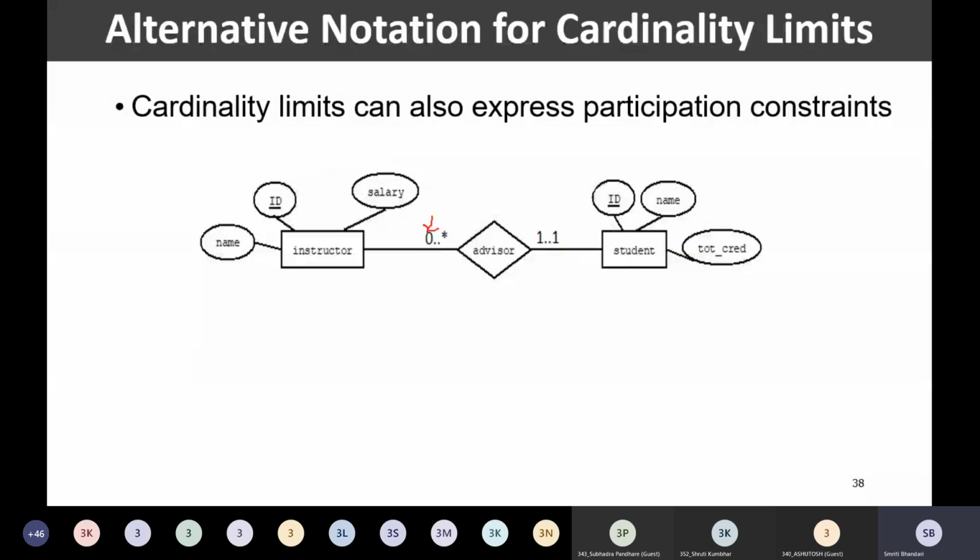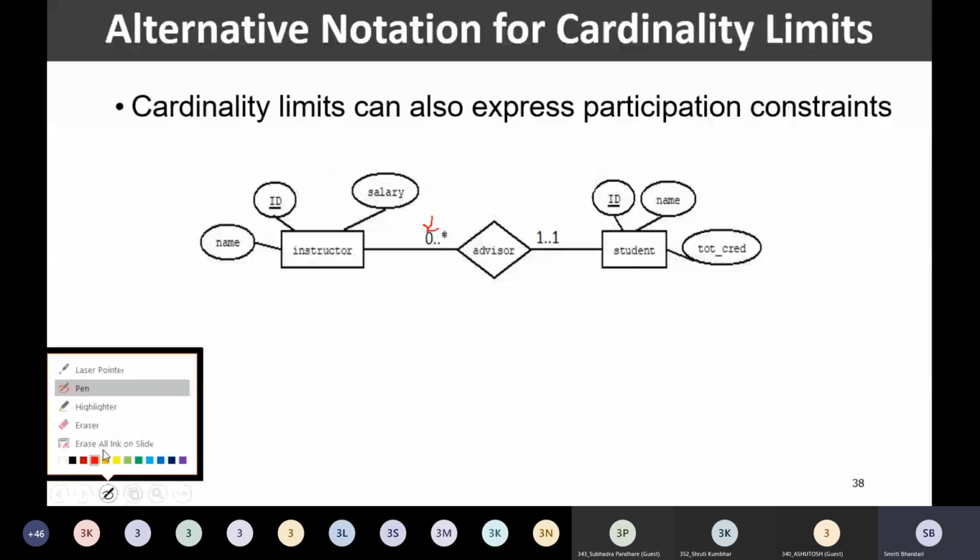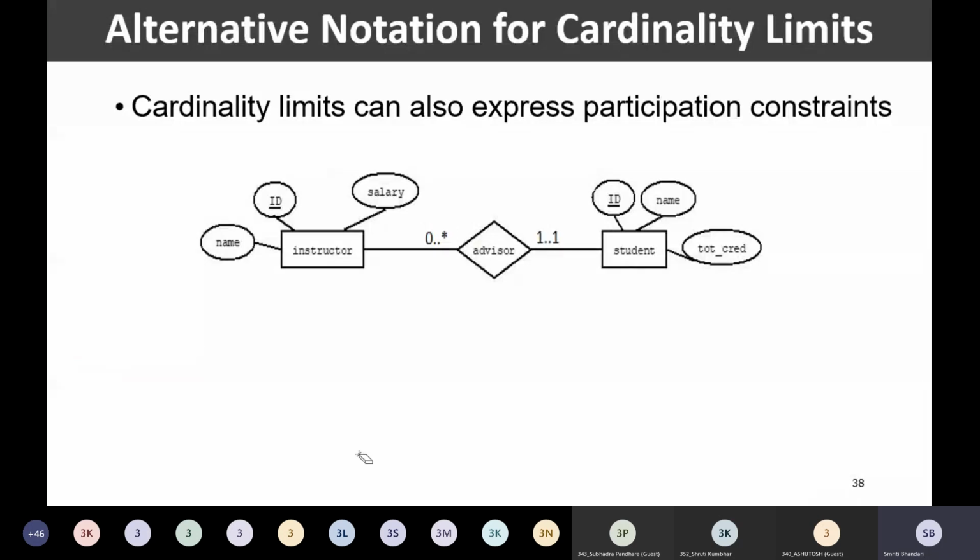So how do we interpret the cardinality limits depicted in this way? If I have the cardinality limits 0 to star, I interpret this like this: instructor can have 0 or more students. Minimum cardinality is 0 and maximum cardinality is anything.